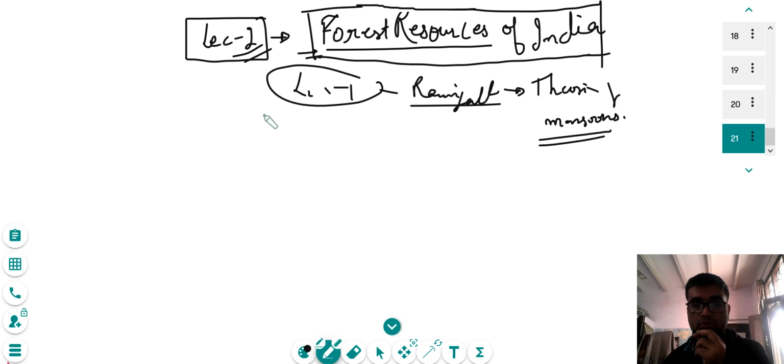But what we have left is the variability of the monsoon and the pattern of the rainfall in India.